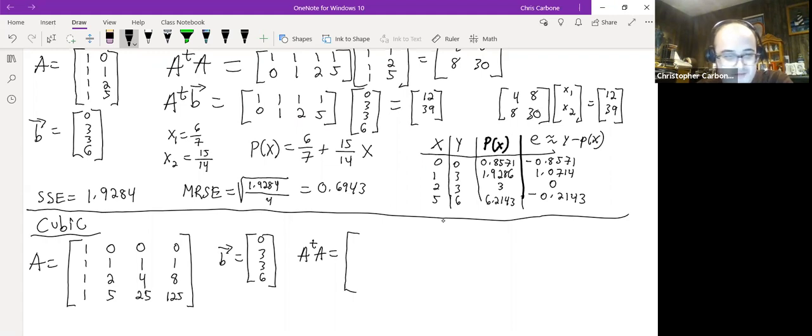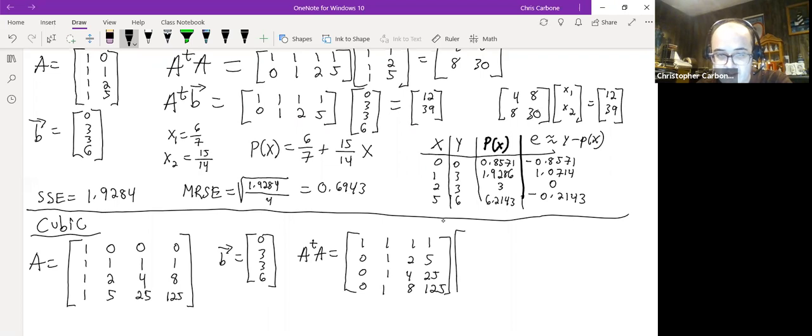This would be the first row of all ones. The next row would be 0, 1, 2, and 5, and 0, 1, 4, 25, and 0, 1, 8, 125.